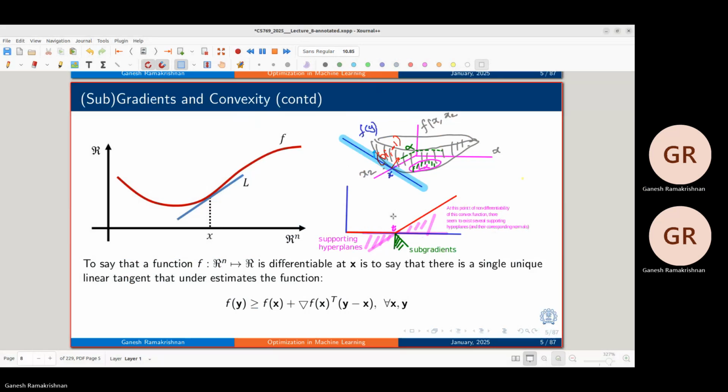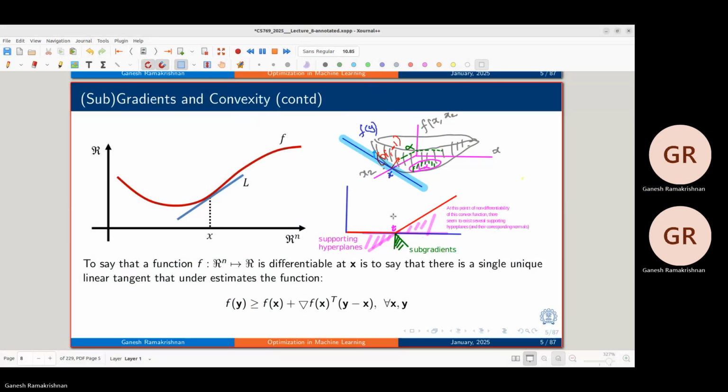So here at this point, you can come up with a normal both ways. And now if I identify, maybe in a different color, the so-called supporting hyperplanes also at this point. But there's not just one supporting hyperplane, multiple supporting hyperplanes, right?